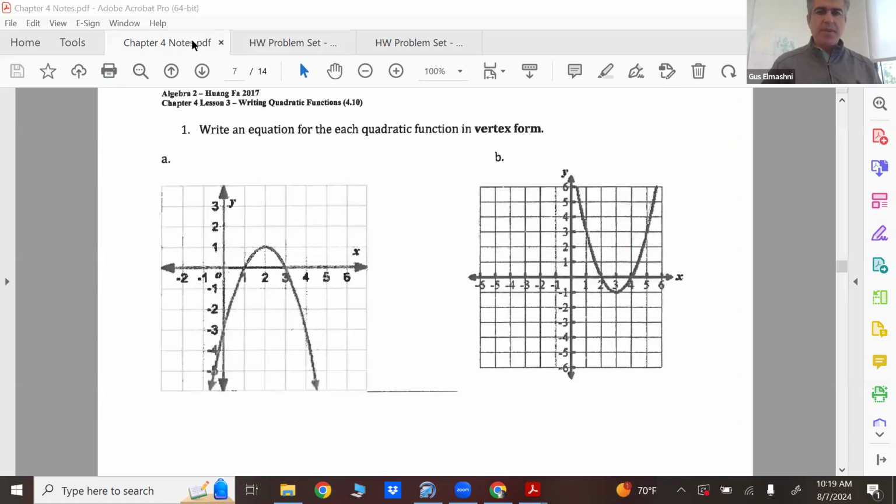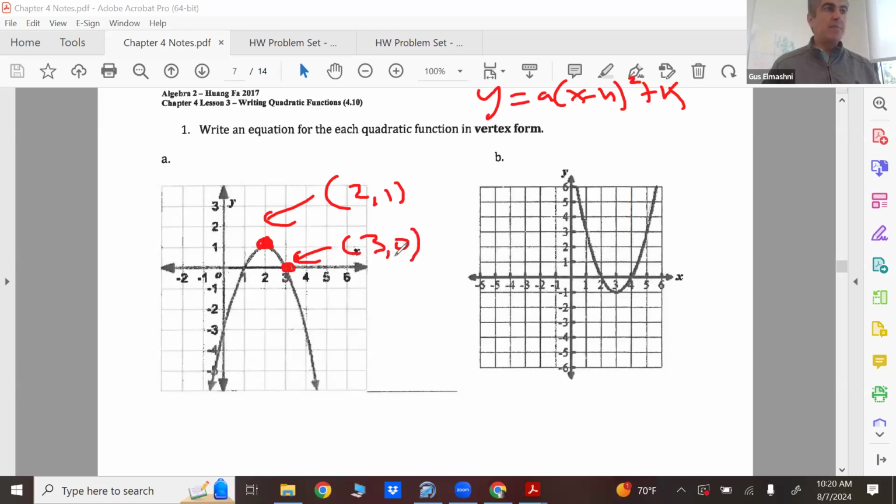So vertex form is this. Everybody mentioned it before: y equals a(x minus h) squared plus k. It's pretty clear the vertex is right here. What are the coordinates of that point? 2, 1. You also have another point at 3, 0.